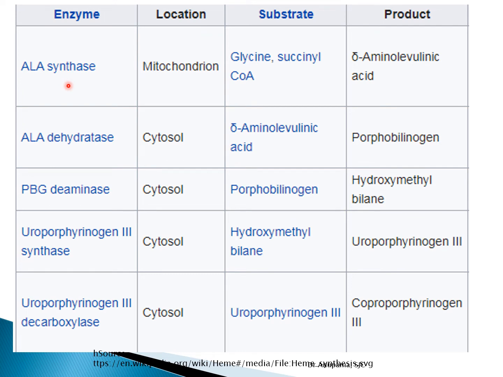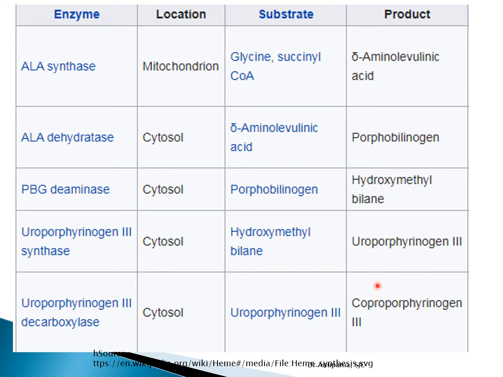Here we can see the enzymes, where they are located inside the cell, the substrates and the products. ALA synthetase is present in the mitochondria, which results in delta aminolevulinate, while ALA dehydratase, which is present in the cytosol, results in porphobilinogen. PBG deaminase results in hydroxymethylbilane, which has to undergo cyclization.